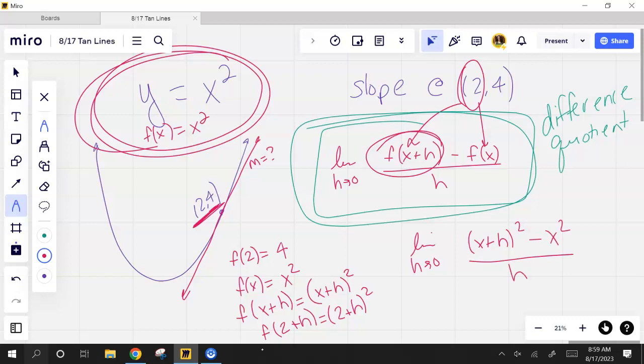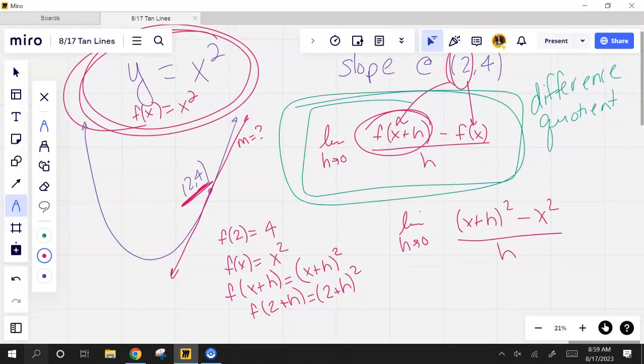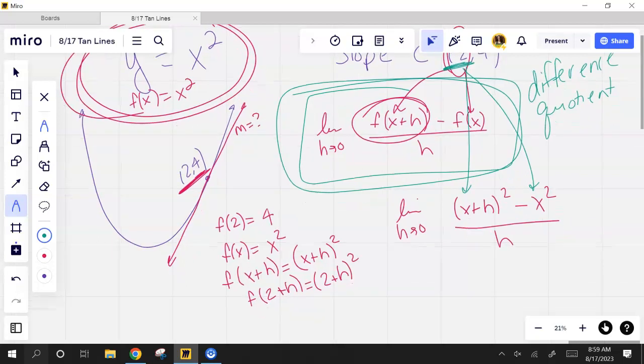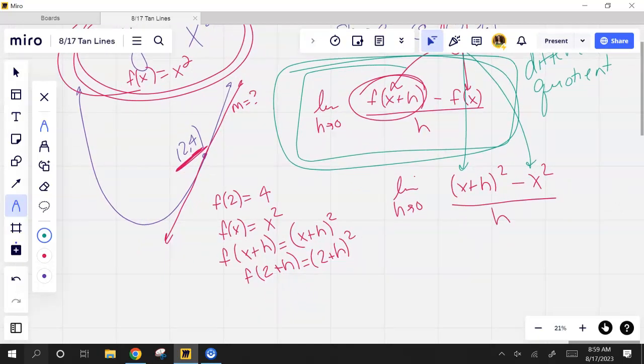But I asked you at a specific point. So what I'm going to do is take this 2, because that's the x I asked you, and I'm going to plug in a 2 here for the x's. Go with me? And I'm fixing to manipulate it some more, because remember when I have that h in the bottom, I need to do something algebraically to get that 0 gone from the bottom so that I can plug in and substitute.